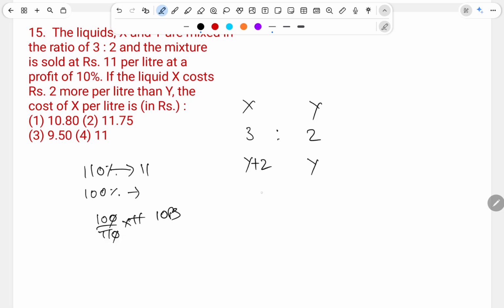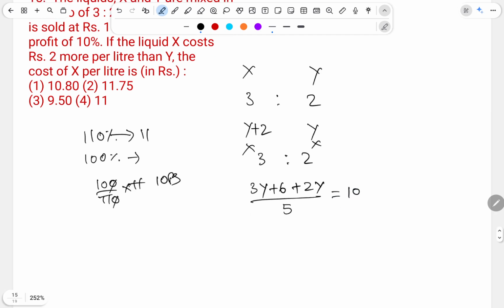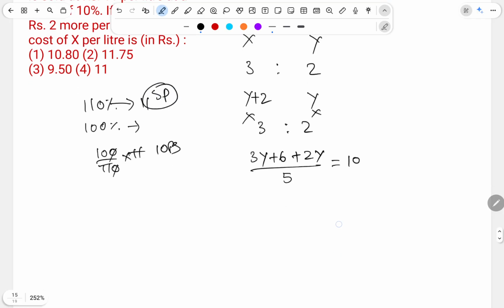So they are mixed in 3:2. Weighted average will be 3 into (Y plus 2), so 3Y plus 6 plus 2Y, whole divided by 5, is equal to 10 rupees. We already have seen this, CP is 10 rupees. 11 is SP.